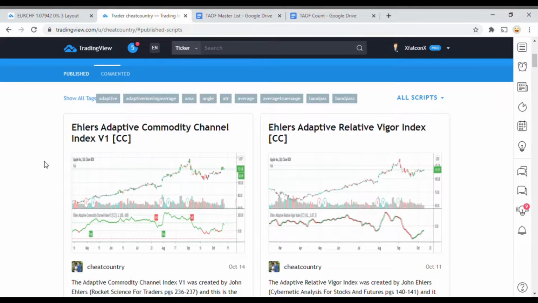the Ehlers indicators have a lot of great potential.